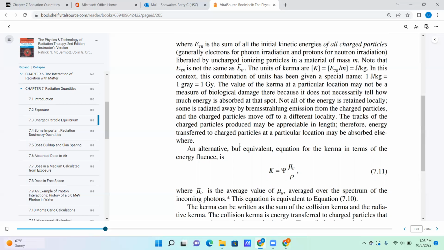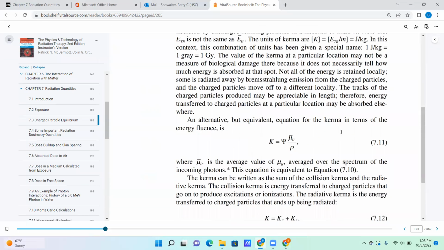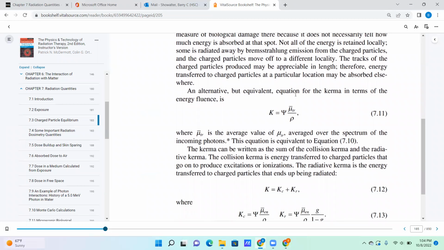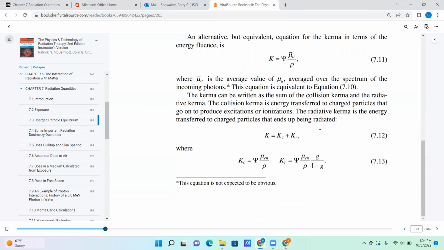Therefore, energy transferred to charged particles at a particular location may be absorbed elsewhere.